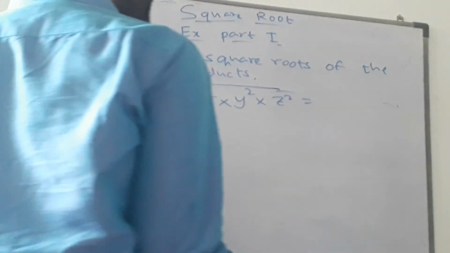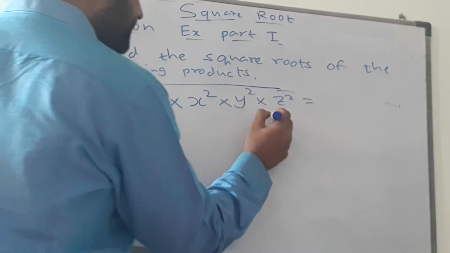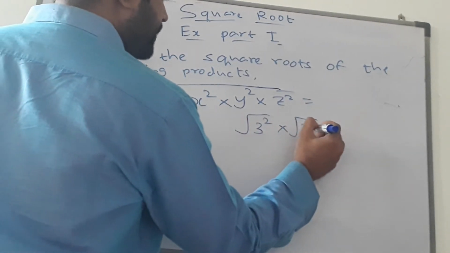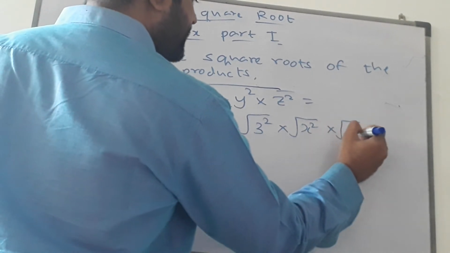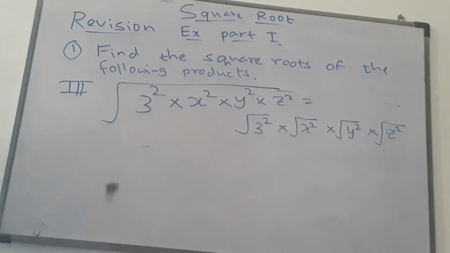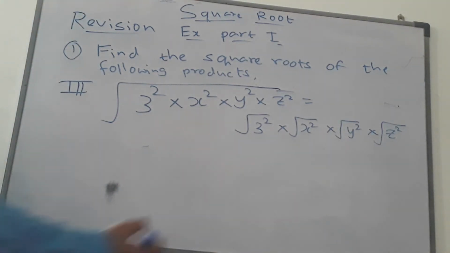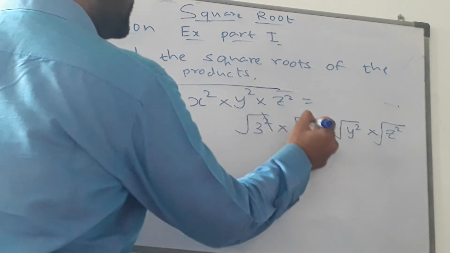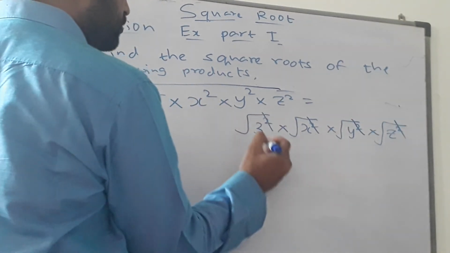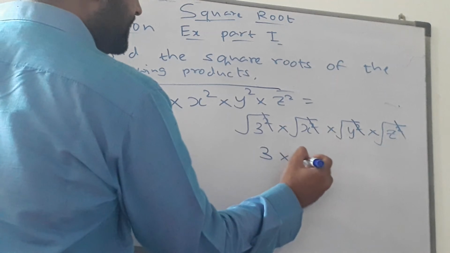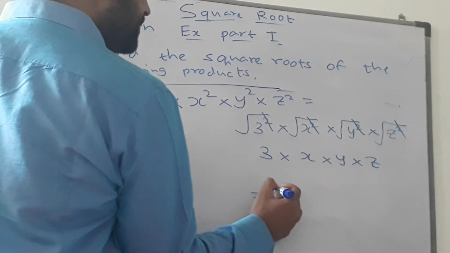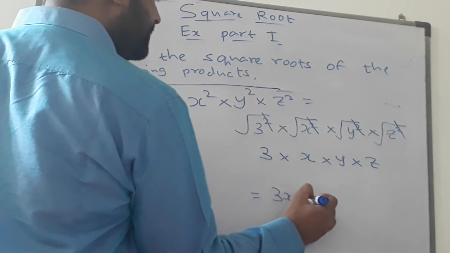We can break it into 4 parts like this: root of 3 squared times root of x squared times root of y squared times root of z squared. So root and square get cancelled in all these 4 occasions. So 3 remains, x remains, y remains, z remains. So the answer is 3xyz.